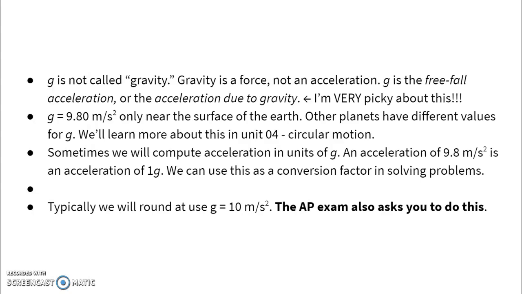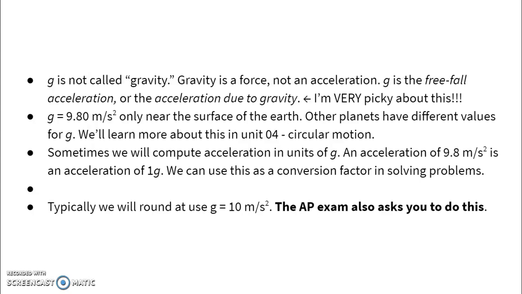And let's see, some connotations. Sometimes you'll represent an acceleration value in units of g's, or I should really say here, instead of units, factors of g. So if you say something has an acceleration of 1g, that means their acceleration is 9.8 meters per second squared. So if something has an acceleration of 2g, that's going to mean they have about twice that.